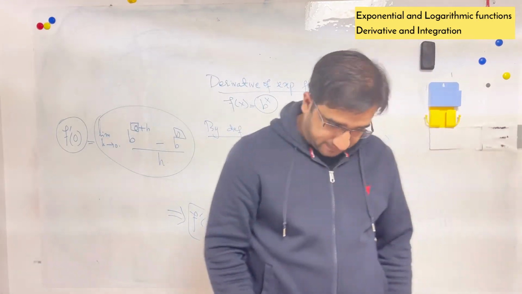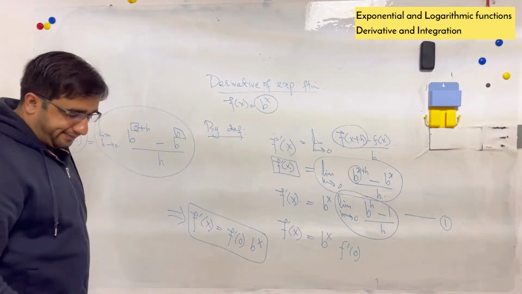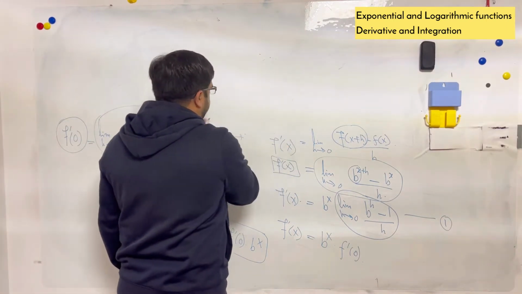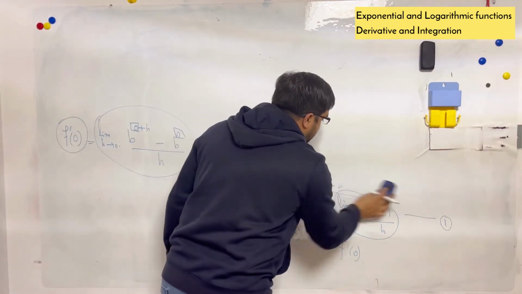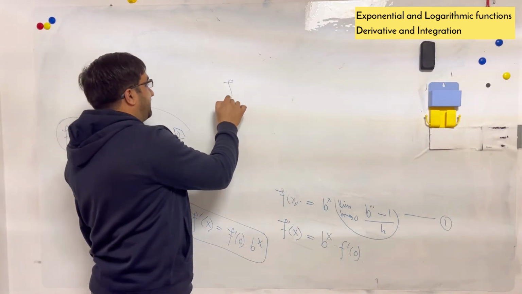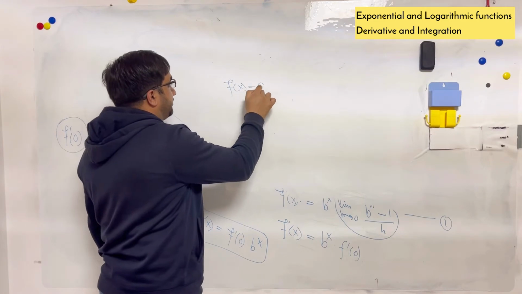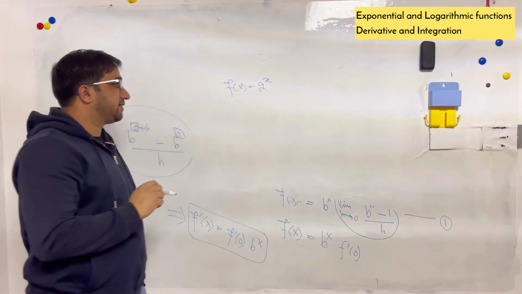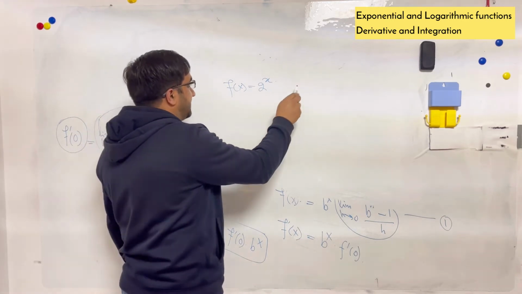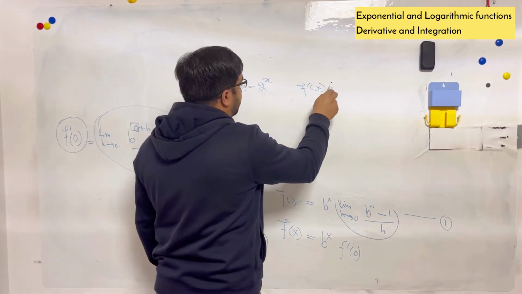So, for example, if I have the exponential function f of x equals 2 raised to the power x, then what will be the derivative of this function?